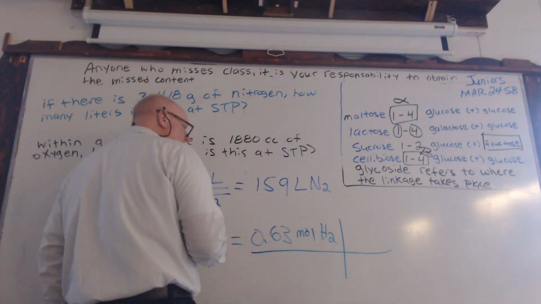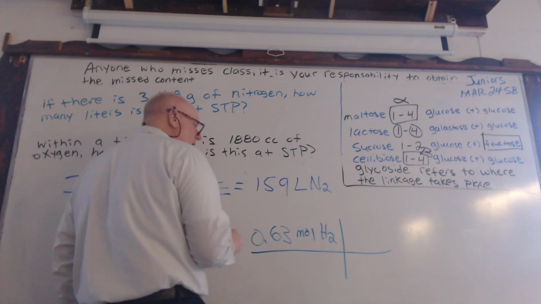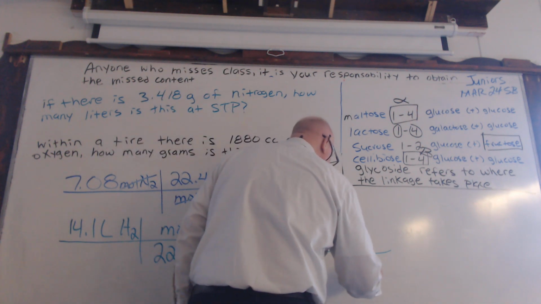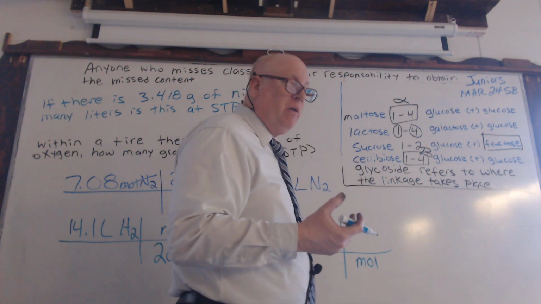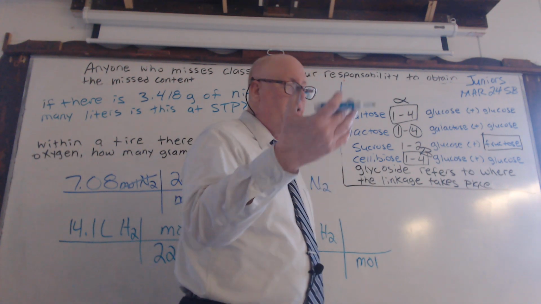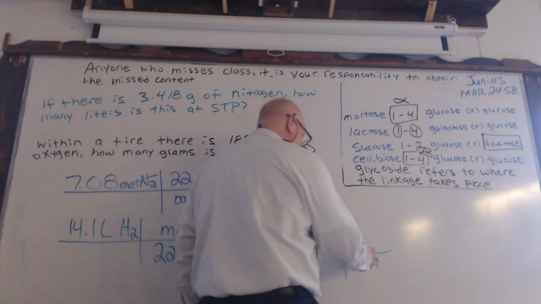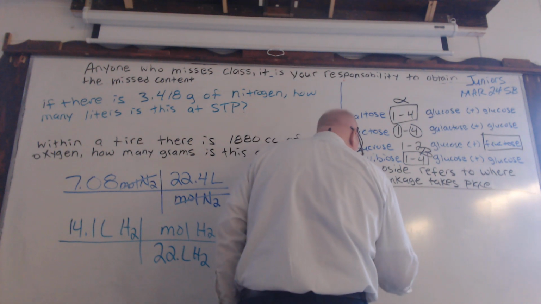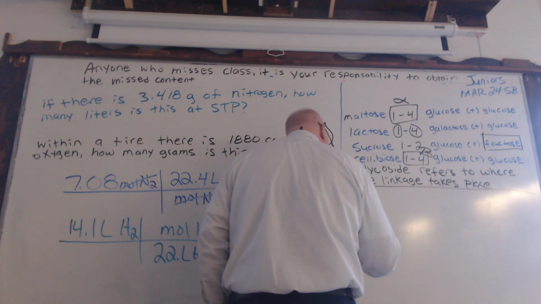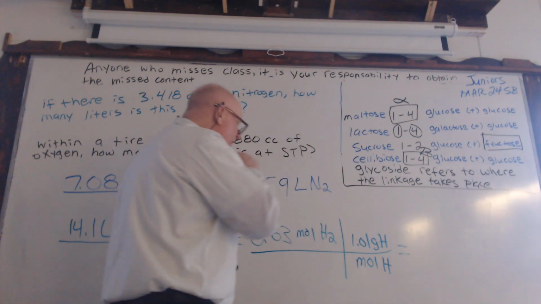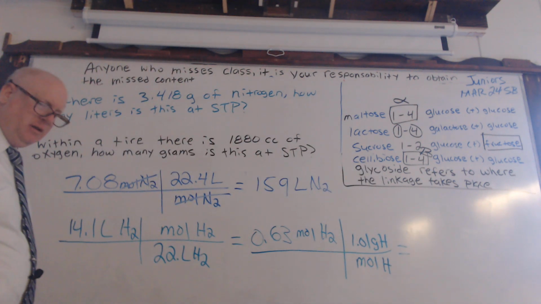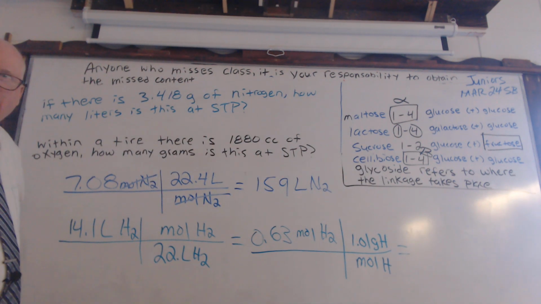How do we get rid of that mole? Put moles on the bottom and then times it by the molar mass. And you laugh if you want, okay? People are either going to do this or they're going to do this. And then when they get their answer, they're going to say, why am I off by a factor of 2?